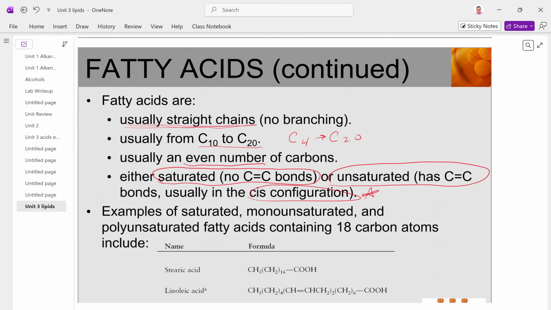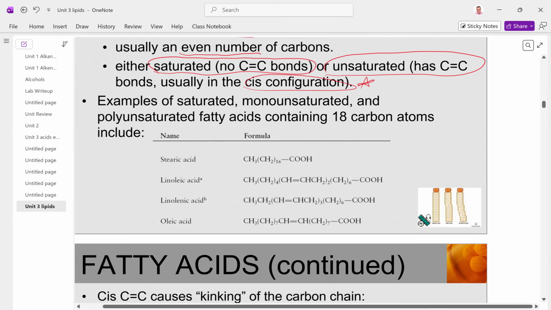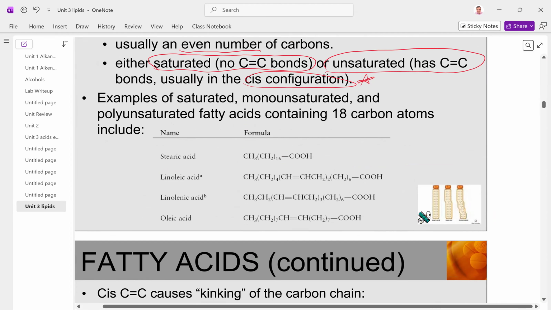They just say trans fats are bad, and that's true from my perspective. But they don't talk about, well, if it's not trans fat, then what is it? Well, it's a cis fat. And then these are some very common fatty acids that you will need to know.